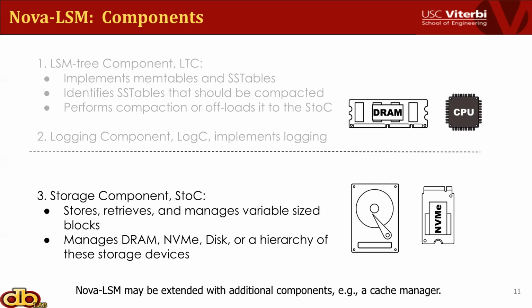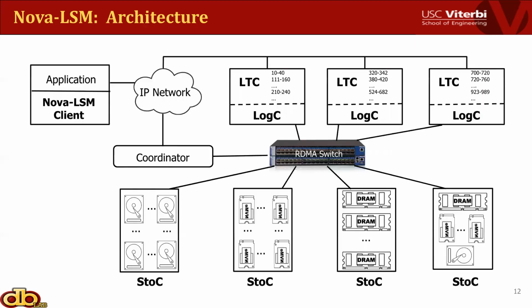Nova LSM may be extended with additional components such as a cache manager. These components communicate using fast networks such as RDMA. In essence, this architecture separates storage from processing, enabling each to scale independently.